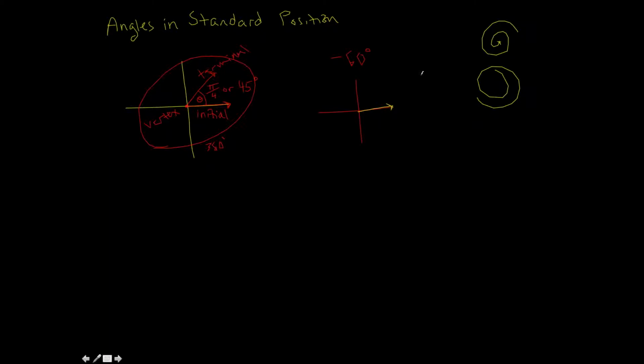So for negative 60, we go down to right here, 60 degrees down from the initial side.